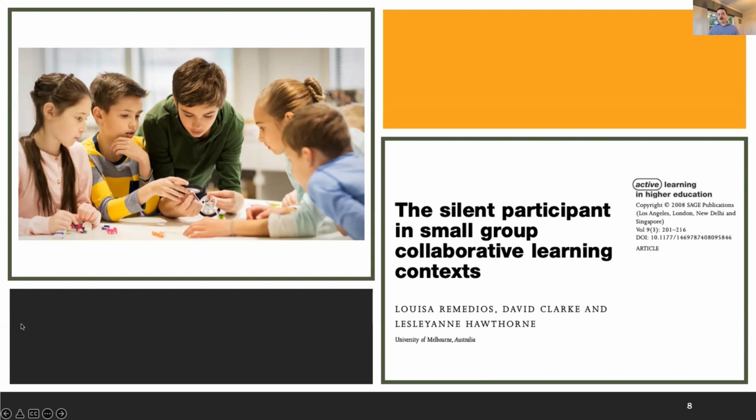Some work by our late colleague David Clark at the University of Melbourne really showed that even expert observers find it difficult to gauge whether students are engaged in a task or participating. Although there are very common and typical signs to look out for in terms of collaboration and engagement, it's still difficult to fully rely on that kind of observation to determine whether students are actively collaborating.